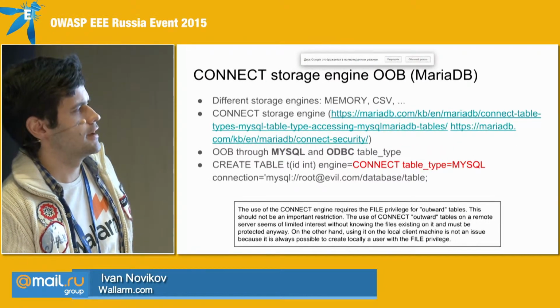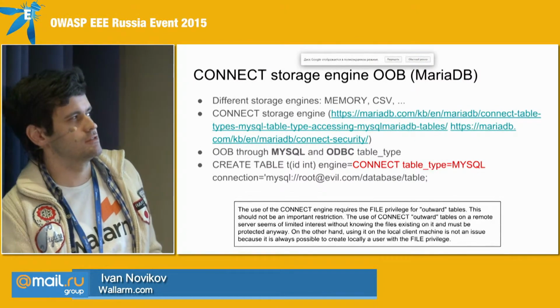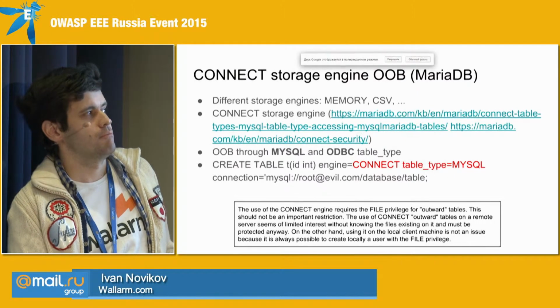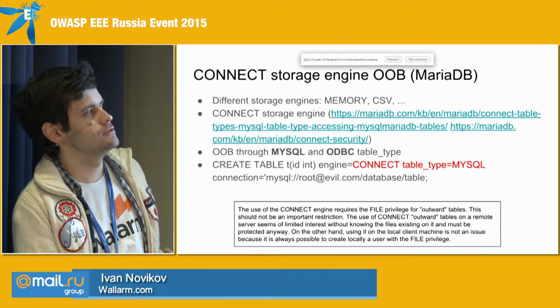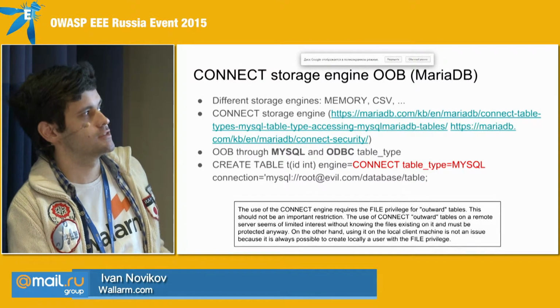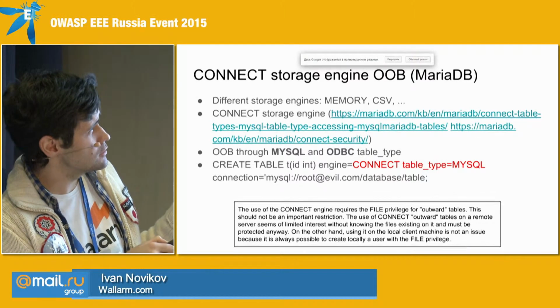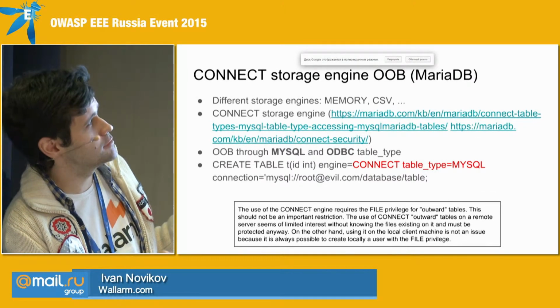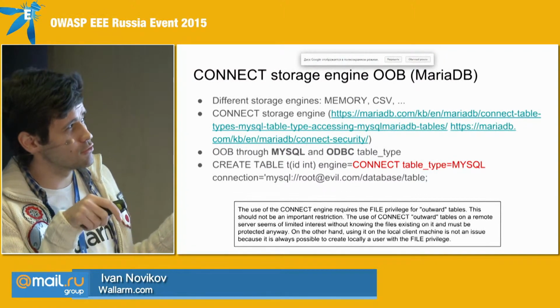And regarding the Connect engine, I think it's MariaDB's idea to make your database more useful for you, and maybe it's nice because in MariaDB you have the MySQL table type for the Connect engine, and also ODBC.